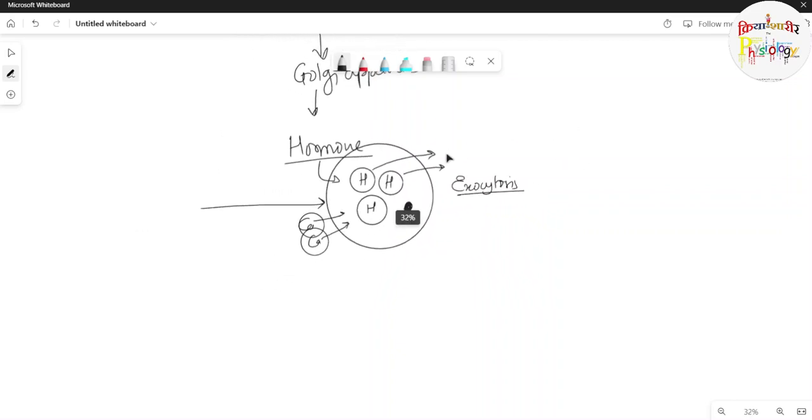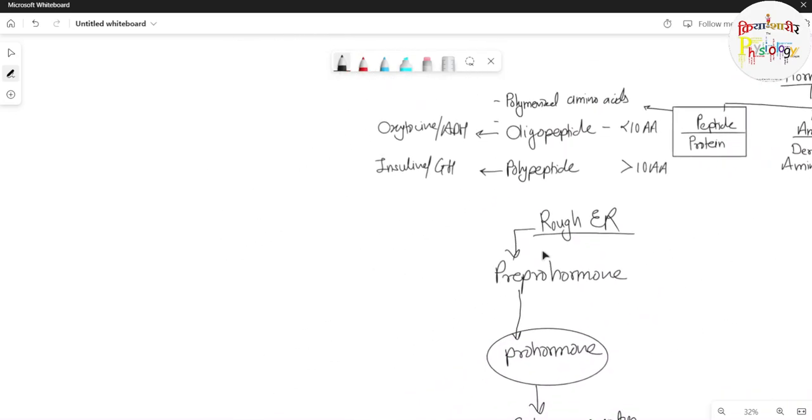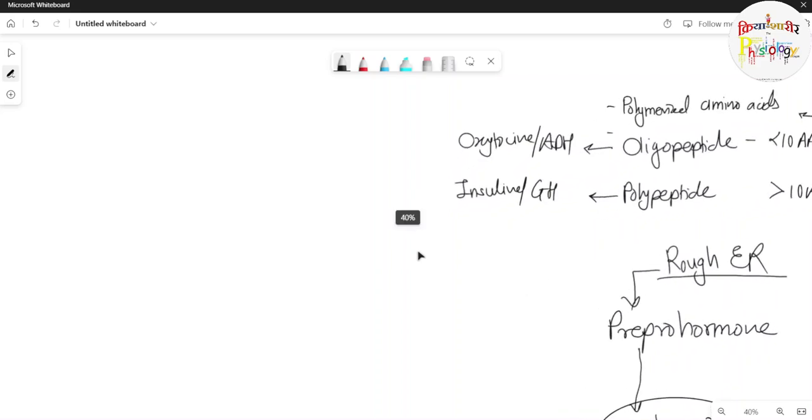Now we are going to see examples of these hormones. If you observe the list of peptide hormones, you will understand that most of the hormones are secreted by glands whose names start with P. P for protein, and the names of glands which start with P. You can remember it like that.